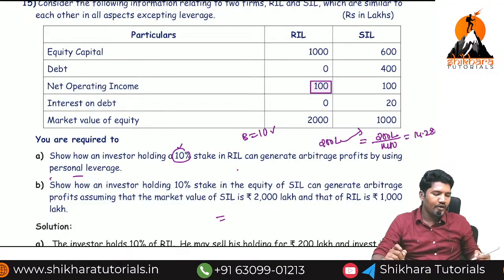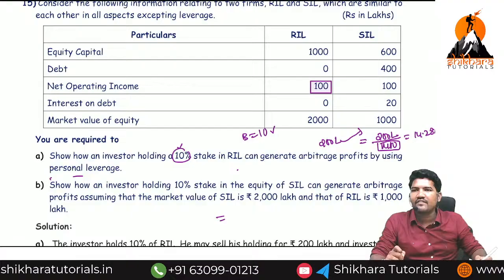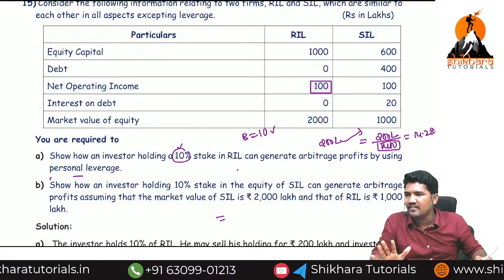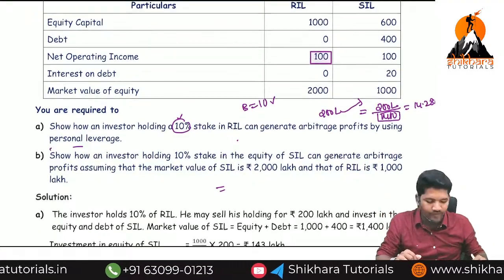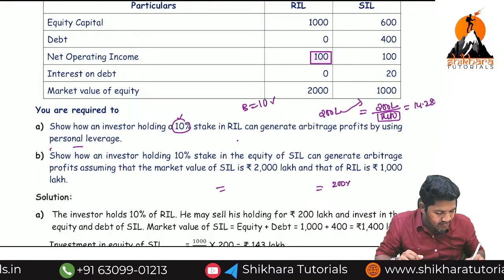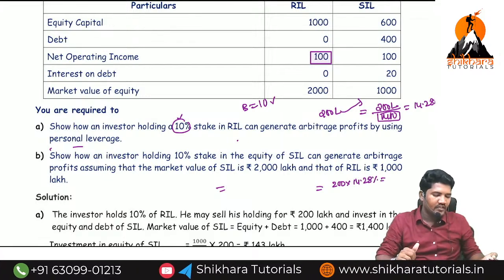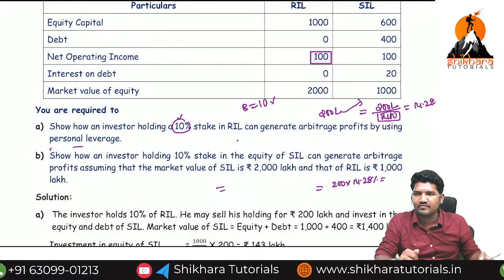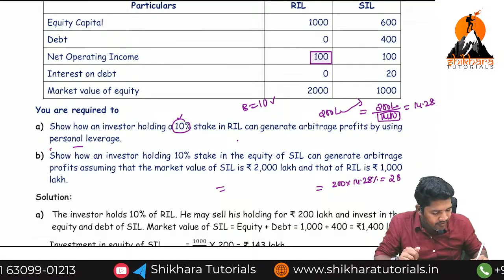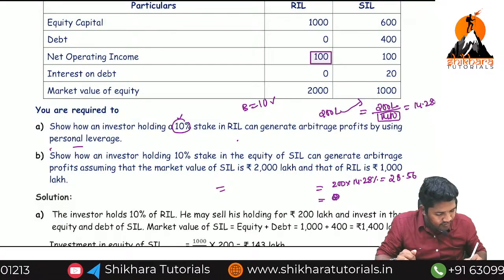So this 1400 is only equity or equity plus debt? Equity plus debt. So let us split that individually. If I put 200 lakhs at 14.28%, how much? 28.56. If I put 200, wait, sorry.